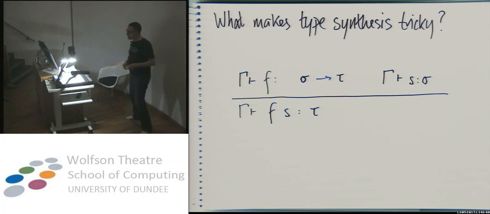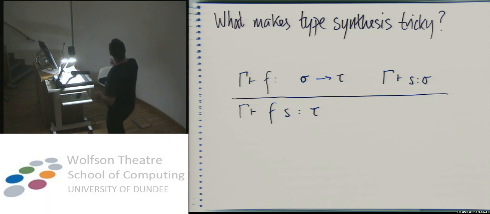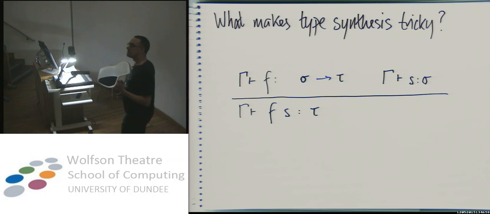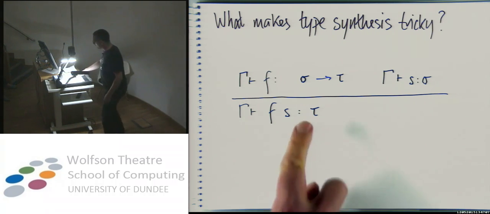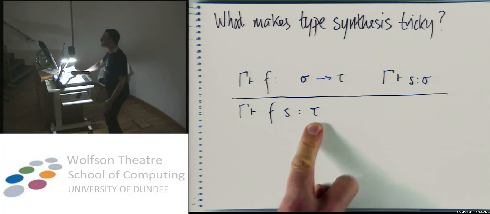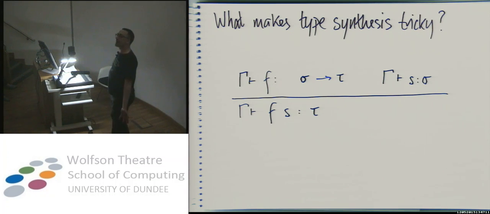Right, so when we were in the sort of simply typed setting, so here's the simply typed application rule, we've got a fighting chance. What we're seeing is one use of the function. And we've got a fighting chance of figuring out the type of the function, because we know what type we want if we're lucky. Let's assume maximum luck.